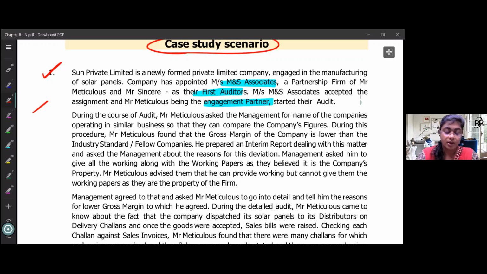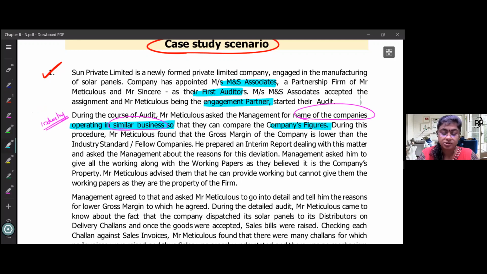During the course of audit, Mr. Meticulous asked the management for the names of the companies operating in similar business so that they can compare the companies' figures. So here they wanted to do industry comparison, similar business, names of similar companies.